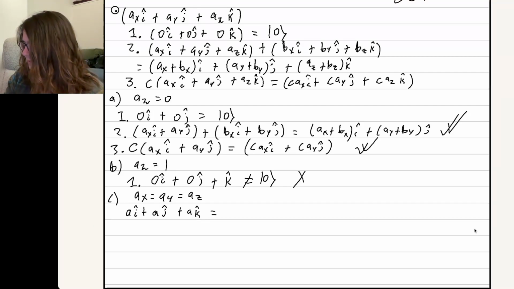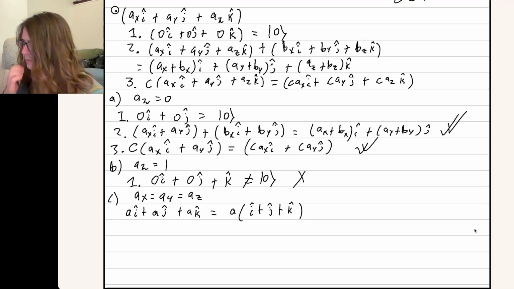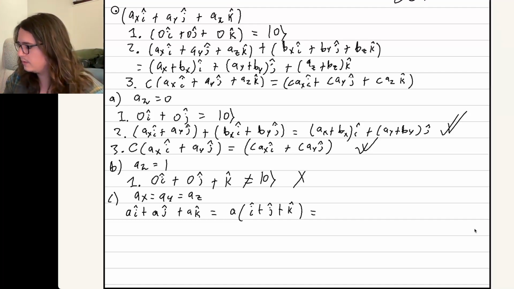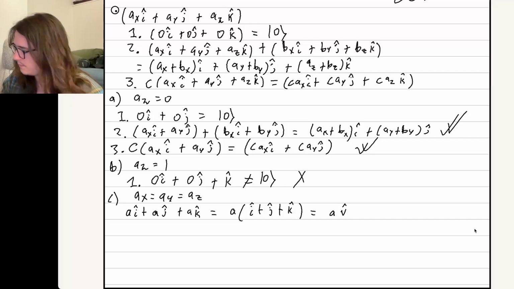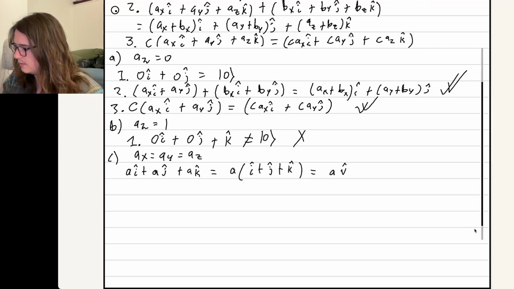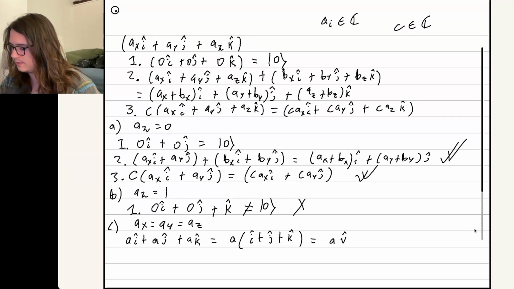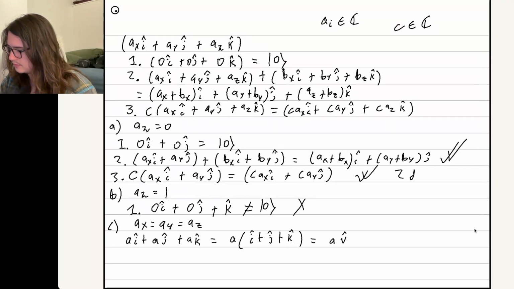In other words, this can be written as a times i hat plus j hat plus k hat, and then let i hat plus j hat plus k hat be a new vector, which I'm just going to call v hat, right? So we were starting with 3 dimensions. We got a thing that was only 2 dimensions. That was this one. This is going to be truly just a 1-dimensional vector space.